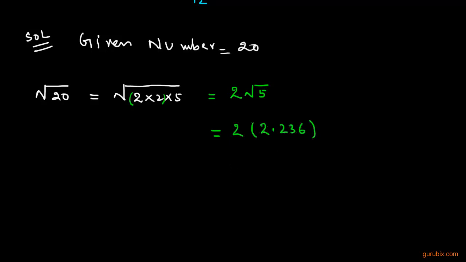Now we shall multiply 2 with this 2.236. We get 4.472. So this is the value of root 20.